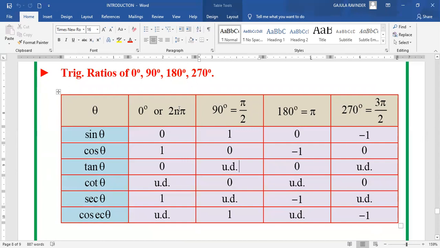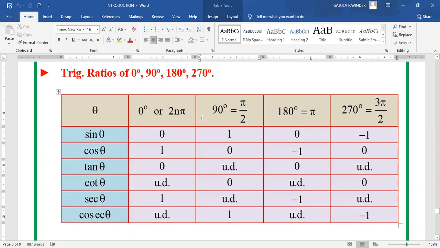That's why I have taken this as 2n pi, where pi is 180, 2 into pi is 360, and n is the number of rotations. So 2n pi means any number of complete rotations, which will be taken as 0 degrees only. Therefore, ratios for 0 degrees can be taken in this manner. So this is pi by 2, which can also be taken as 2n pi plus pi by 2.